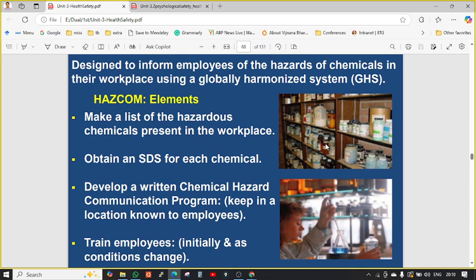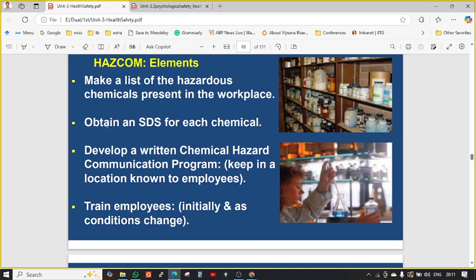If you do not know which chemical has been kept in which place, for example in a medical shop, if the shopkeeper has no idea which medicine is kept where, it takes so much time and there can be mistakes, and it is a great hazard if someone gives the wrong medicine to a patient. So proper identification and knowledge is very necessary for identification of chemicals in order to avoid these hazards.